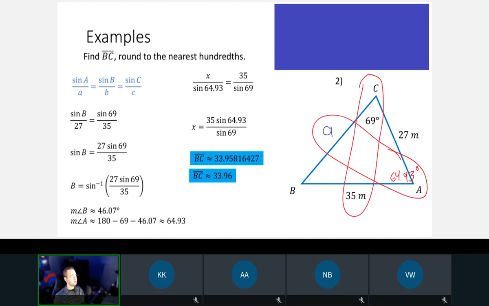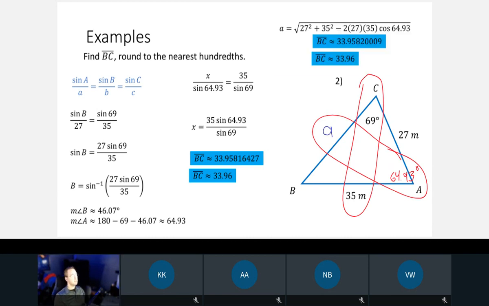Now, under this last blue box, I use law of cosines to demonstrate that you could use that as well. And look, there it is.